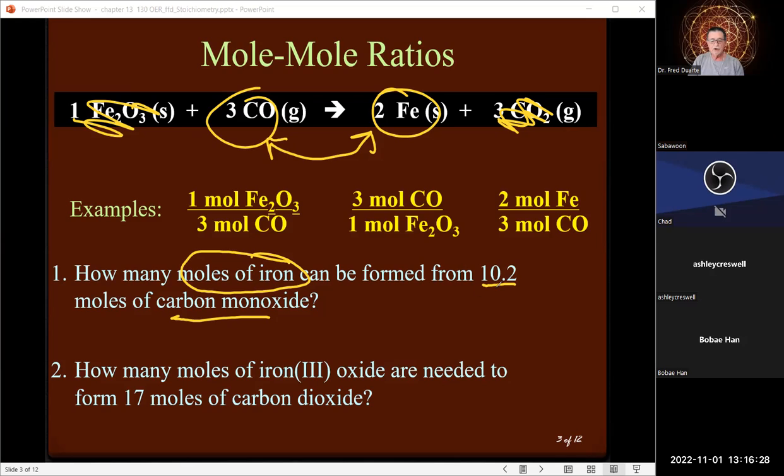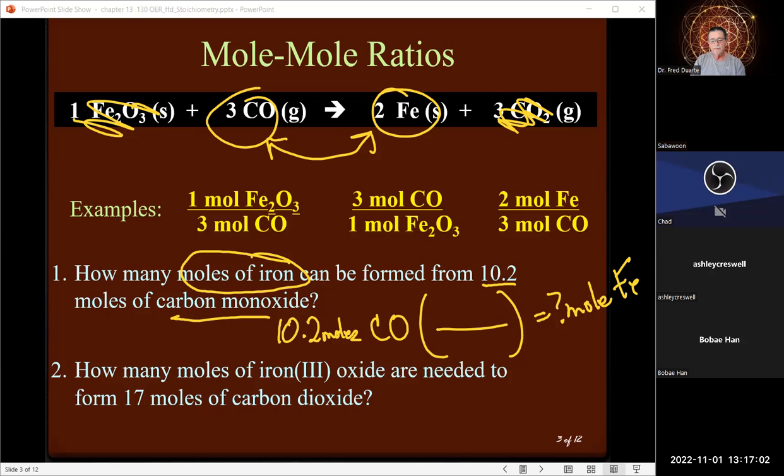So if we start off with 10.2 moles of carbon monoxide, what do we do? Like any of the problems we've been doing before, we write down what we're given, we write down the units that we're looking for, and then we're going to have a ratio in the middle to get us to those units. And so we have 10.2 moles of carbon monoxide, okay? We're going to have something here, and we're looking for moles of iron, right?